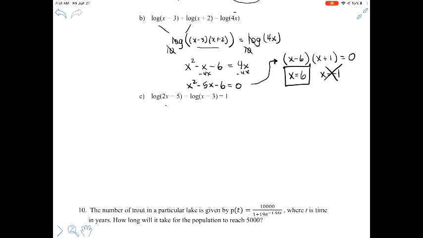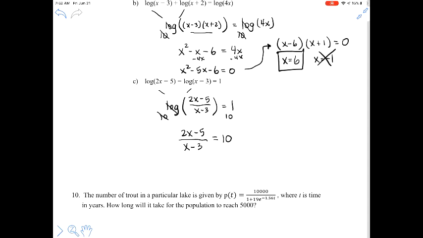For part C, again, we have multiple logarithms there. So that's got to be condensed. And since there's subtract, those are going to be condensed using the quotient property. So 2x minus 5 divided by x minus 3. Now we can get rid of the logarithm, in this case using a base 10, because it's a base 10 logarithm. So that cancels. We have 2x minus 5 divided by x minus 3 equals 10.